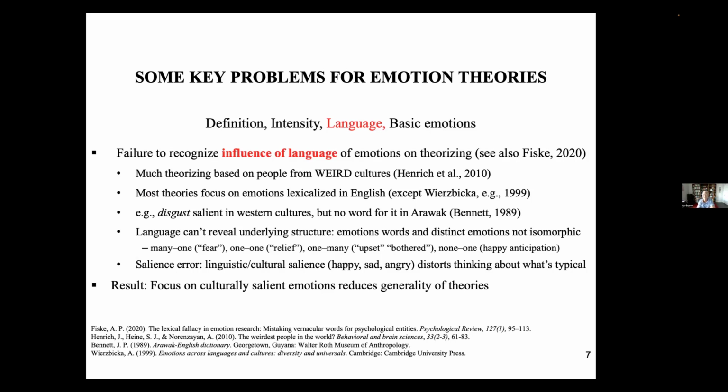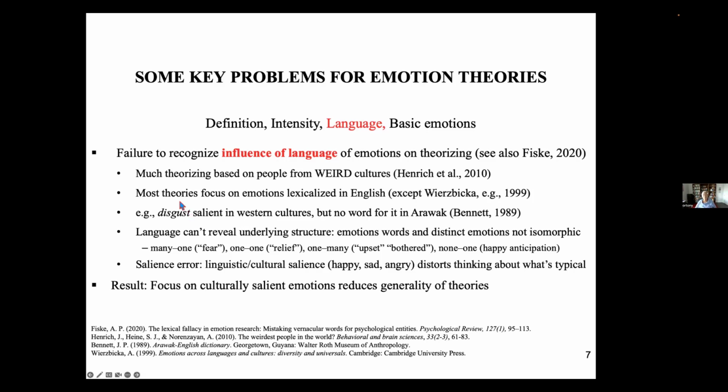And they're WEIRD in the sense that they mean them to be Western, educated, industrialized, rich, and democratic. And of course, the majority of people on the planet, all of whom we suppose experience emotions, are not actually from WEIRD cultures. So one has to be careful here, and one has to realize where so many of the data are coming from.